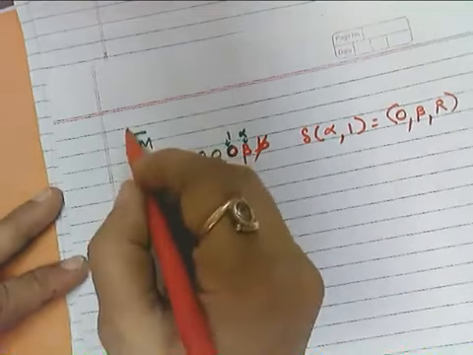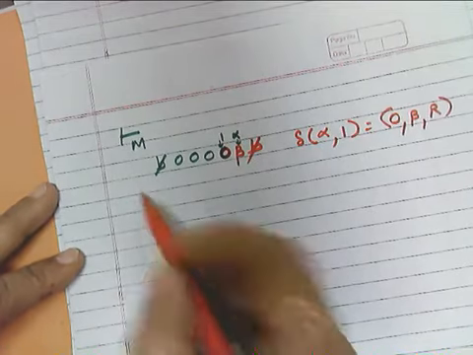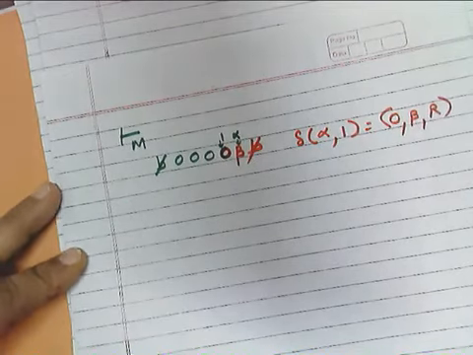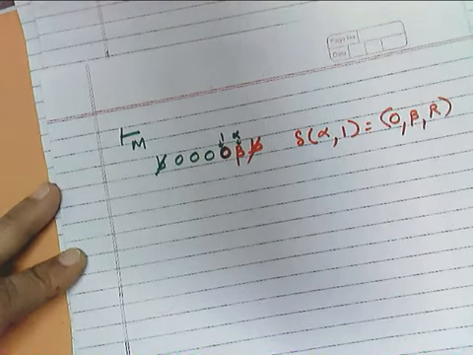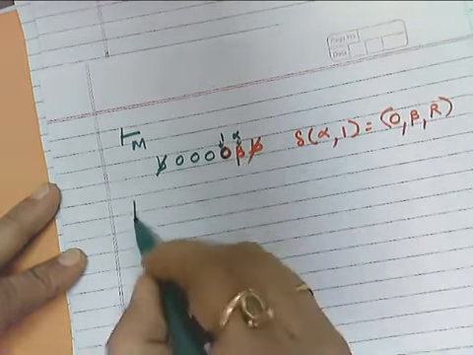Now when will this machine halt or stop? When it reaches a halt state. It is already mentioned that our halt state is the gamma state, but we are still in the beta state. So we need to continue.